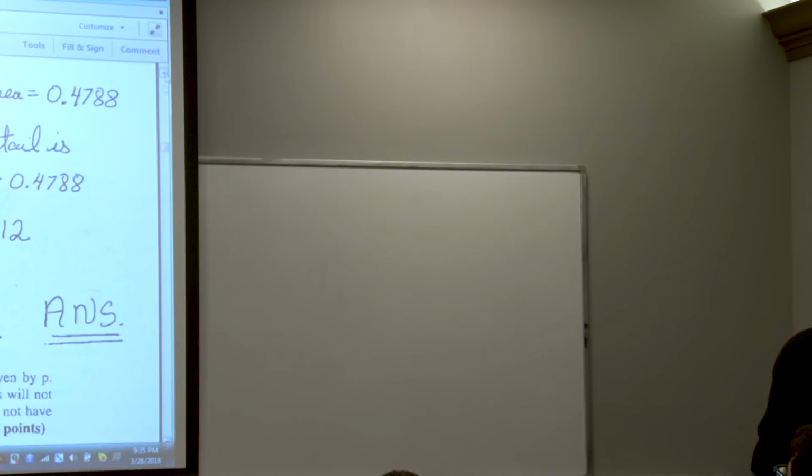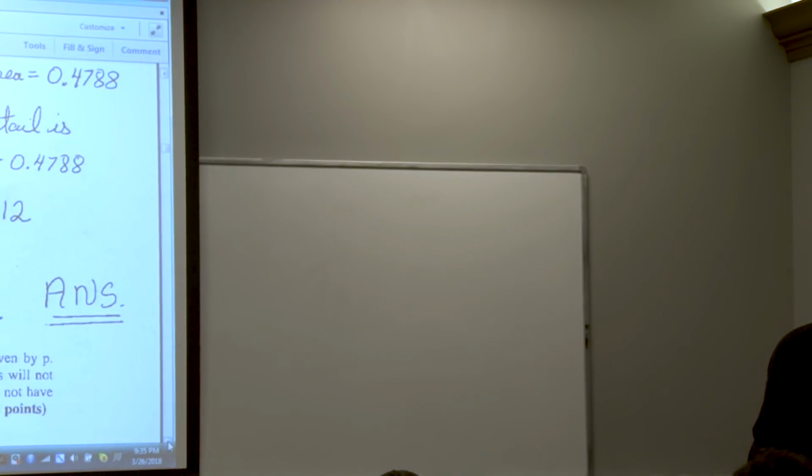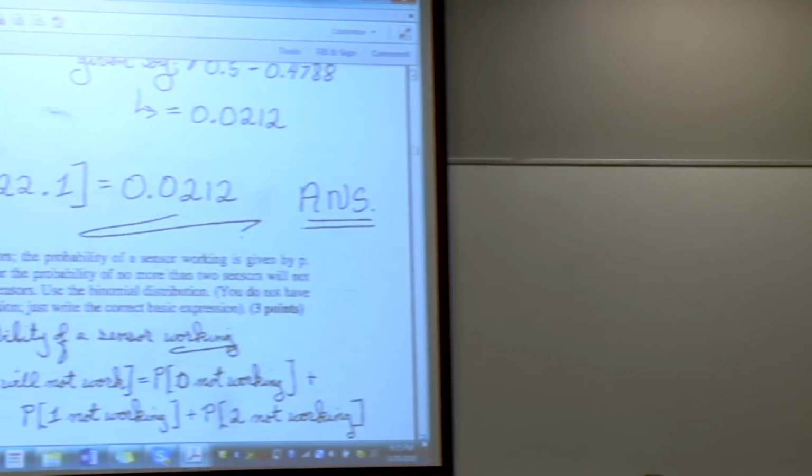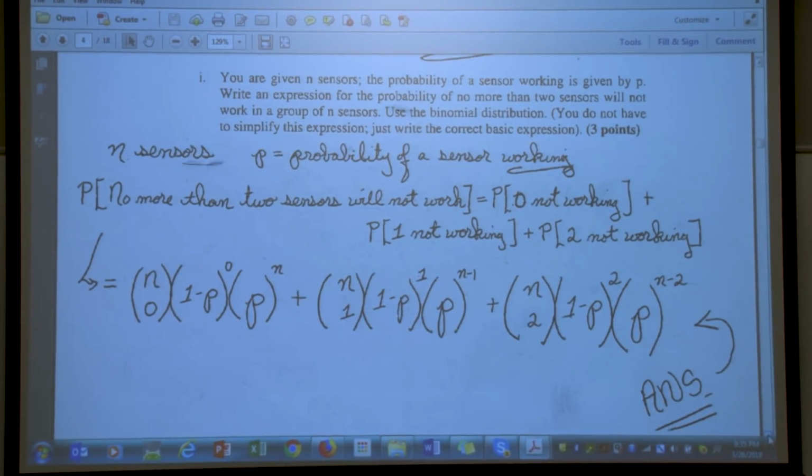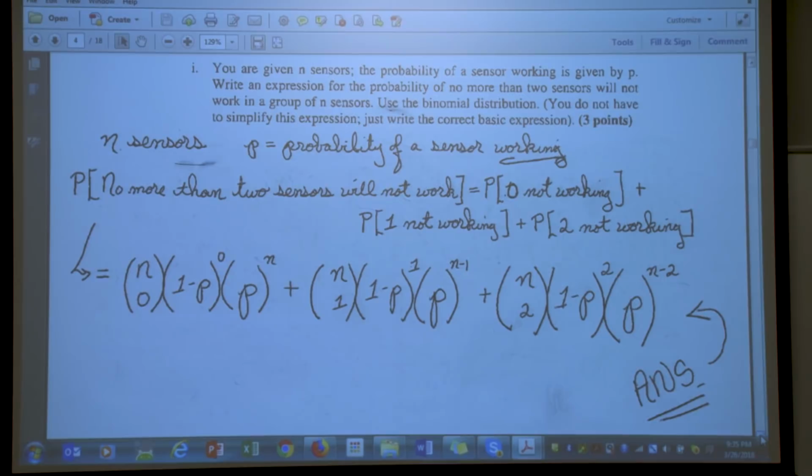So I say OK. So the probability of no more than 2 sensors will not work is the probability of 0 not working, Matt, plus the probability of 1 not working, plus the probability of 2 not working.